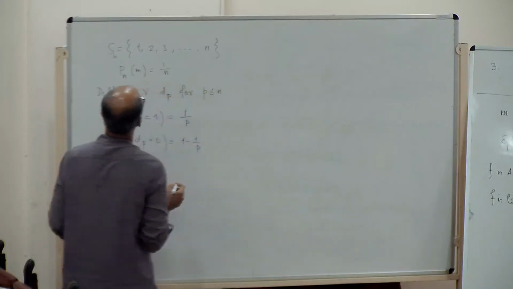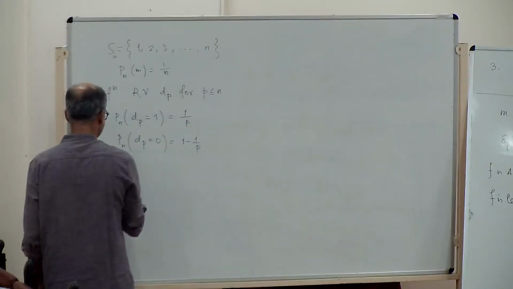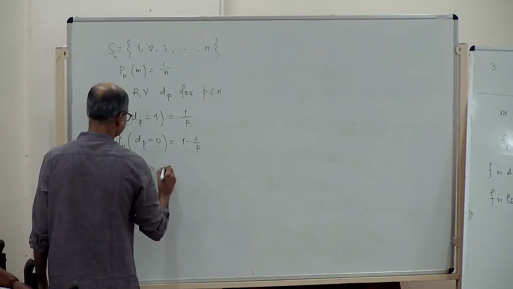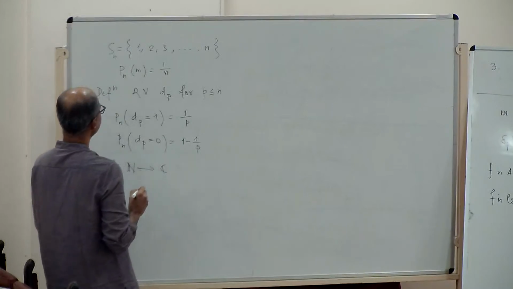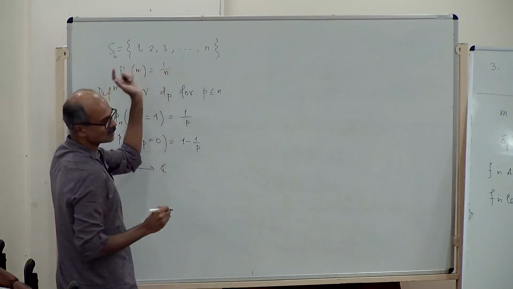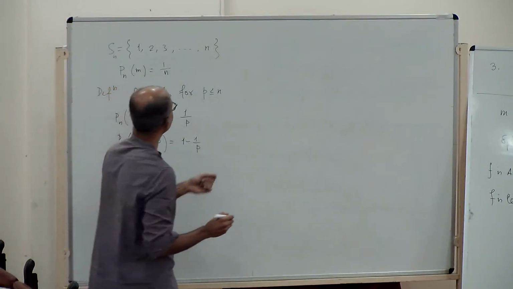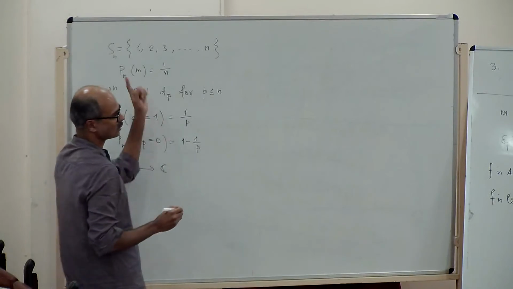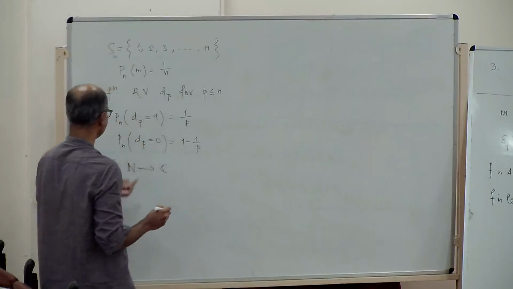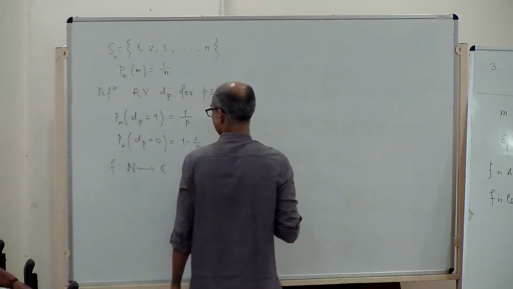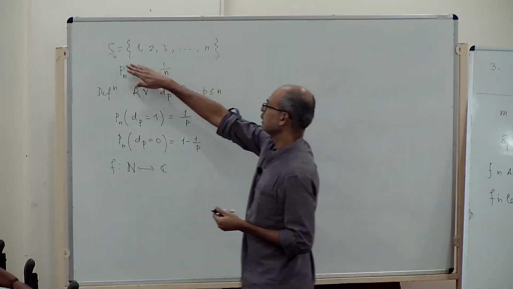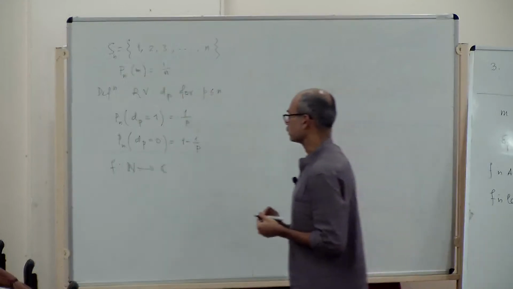Yeah. So, what is the use of such a model? So, if f is an additive function or f is any function, then f restricted to this S n is also a random variable, because any function is a random variable. Your sigma algebra is just the power set. So, any function is measurable, any function is a random variable. So, in particular any arithmetic function restricted to this S n is a random variable on this space.